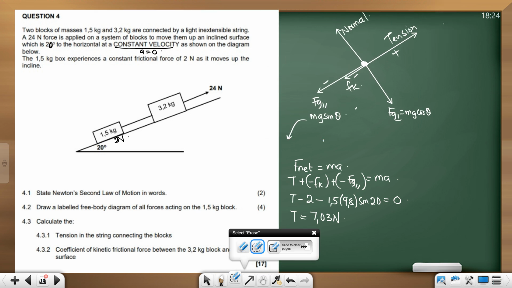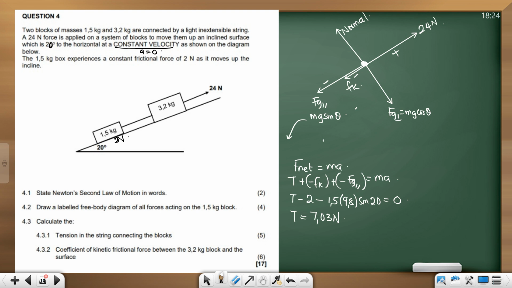All right, so like we said, it is no longer tension up there. It is now the 24 newtons. Now, where's my tension? My tension is now towards the 1,5. So that should go that way as well. Let me take it up for clarity.